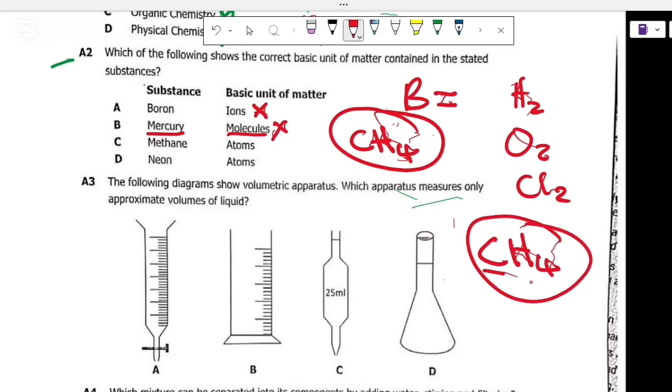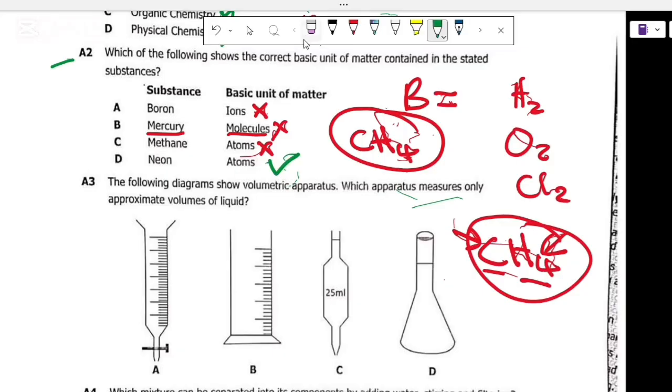It can't have two different things at the same time. This is a compound or a molecule because you have two different atoms that are chemically combined. That's the definition of a molecule. So you can also eliminate this one because it says that methane is made of atoms, which cannot be the case. So the only alternative here is answer choice D.